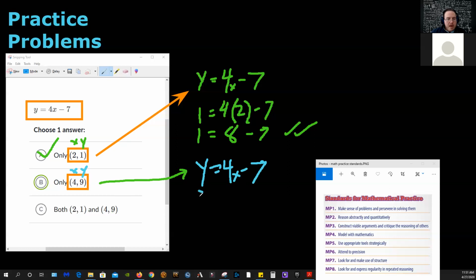So that'd be 9 equals 4 times 4 minus 7. And we'll see if that makes any sense. So 9 would equal 4 times 4, that's 16, minus 7. And that's true. So the answer would actually be D, which is both.